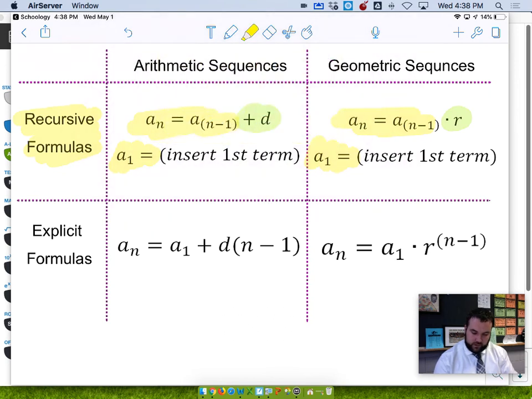The more interesting thing is with explicit formulas. With an explicit formula, they both start the same way: a sub n equals a sub 1. So give me the first term and then let's do something with it.